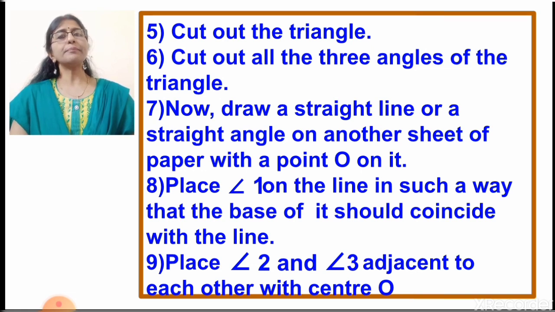Then 8th point, place angle 1 on the line in such a way that the base of it should coincide with the line. And then place angle 2 and angle 3 adjacent to each other. You have seen in the activity, angle 2 and angle 3 should be adjacent to each other with center O.